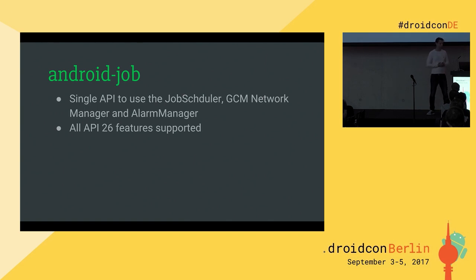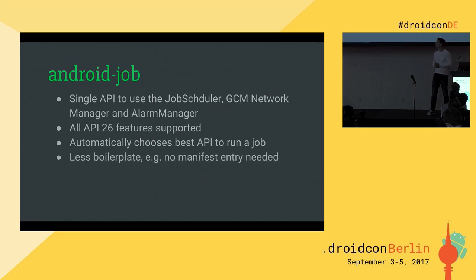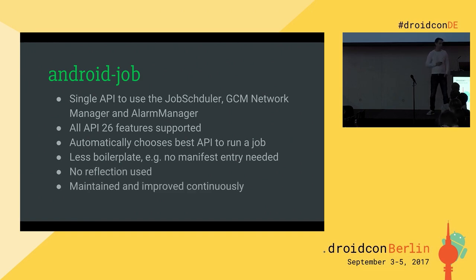We backported them all, and it works on all devices out there. It automatically chooses the best API for you, so you don't have to worry about whether to use the job scheduler or alarm manager. You don't care. You use one API, and the library is doing the work for you. In the end, this means you have to write less boilerplate code. You only need to do this once, and it works on all devices. And of course, there are other features like no reflection, it's maintained, and so on and so forth.